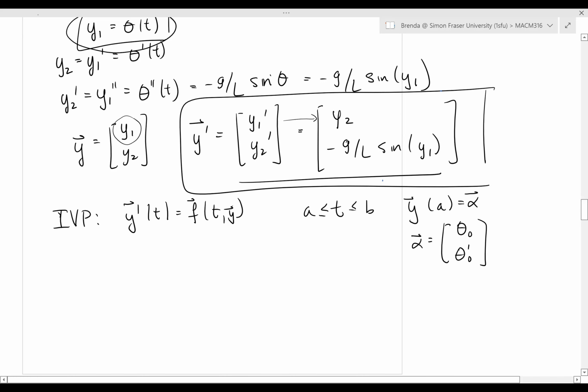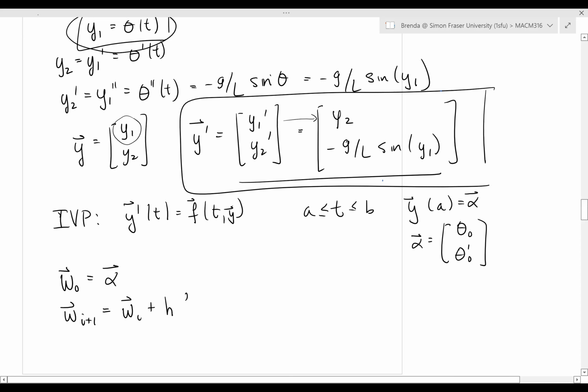Okay, so we apply Euler's method. We set the vector where we're at to start with. That's step one. We know where we are and we know what speed we're going at. And then the update rule is this guy here, w i plus 1.